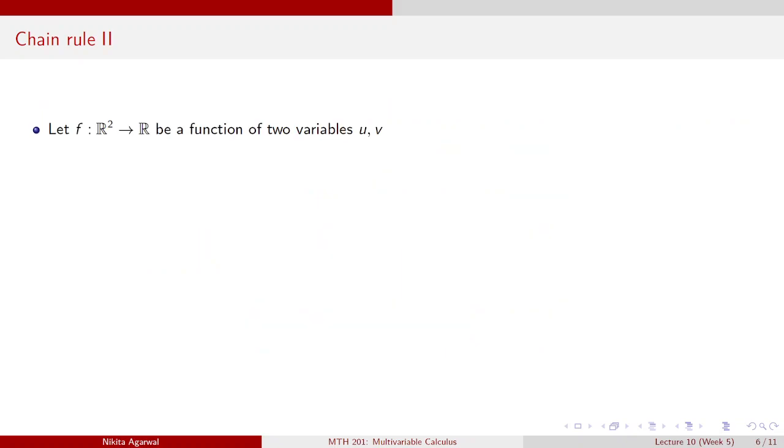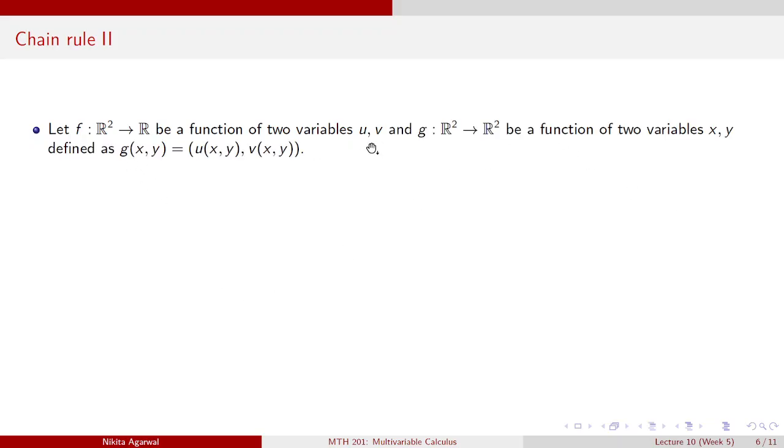Now suppose f is a function from R2 to R, a function of two variables u and v, and g goes from R2 to R2, a function of two variables x and y, which is defined as follows. So g of (x, y) is equal to (u(x, y), v(x, y)). So u is also a function of two variables and v is also a function of two variables.